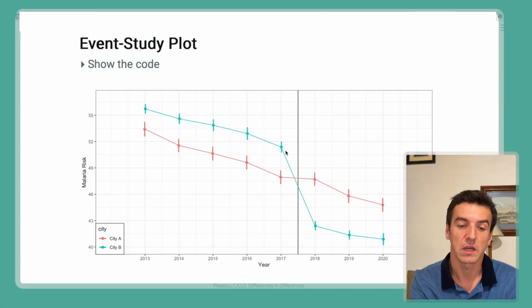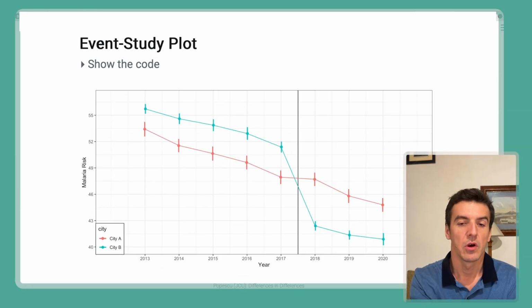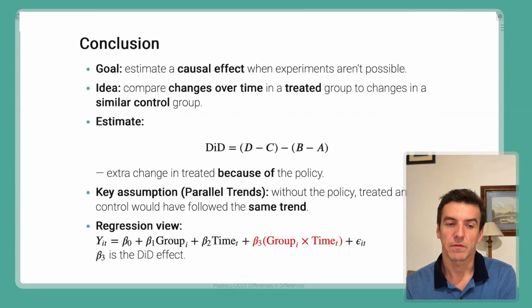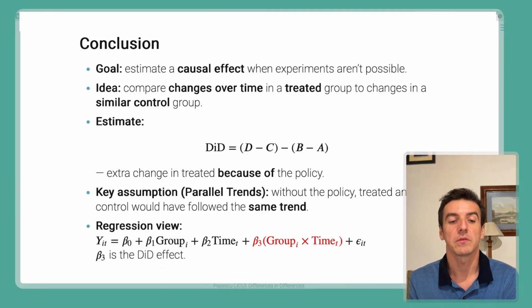So what is interesting and what's absolutely visible with the naked eye is that there is a substantial decrease in the risk of malaria in city B after receiving the treatment, after receiving the mosquito nets. Okay, so what do we take away from here? Fundamentally, differences in differences is really about estimating a causal effect when we cannot run an experiment.